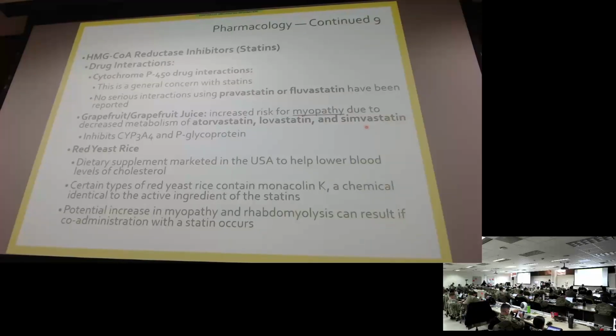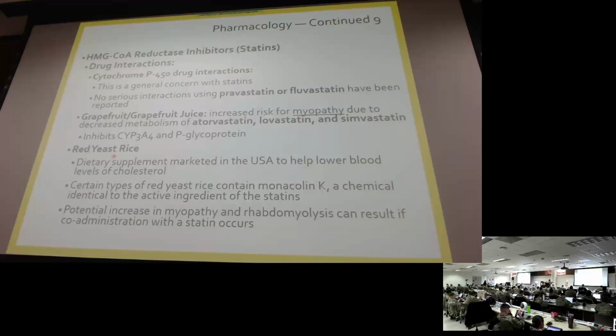Some people can drink a little bit, but because they already have potentially other risk factors that could increase their risk of myopathy, you can see this with a little bit of grapefruit juice, right? They just add it on top. So it varies. You'll hear some people say, oh, they have to do so much. It depends, okay? So just remember, lovastatin, atorvastatin, simvastatin, increased risk of myopathy with that grapefruit juice.